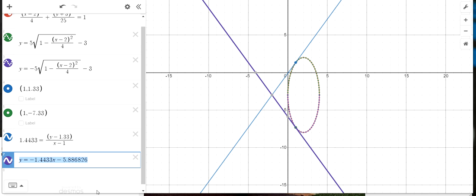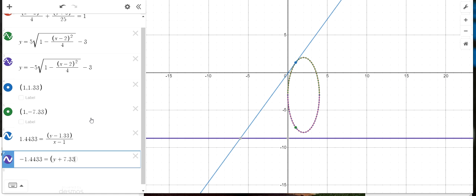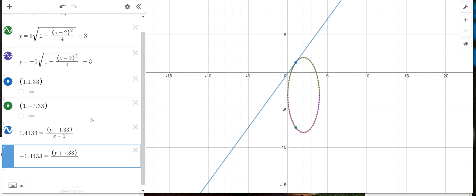And here we are. That's my first tangent. The second tangent is going to be negative 1.4433 is equal to y, and y2 is the other y, negative 7.33, so minus negative 7.33 is plus 7.33, divided by x minus 1.